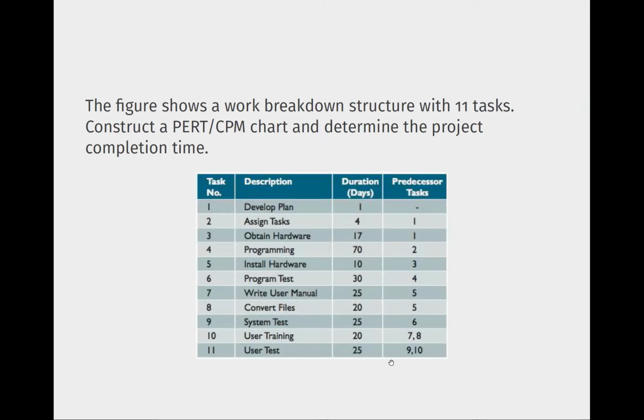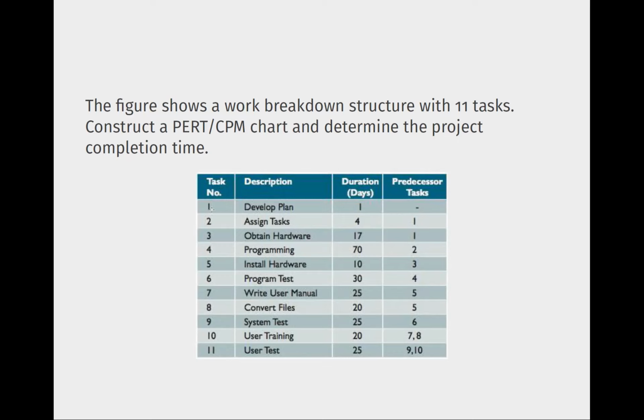Durations are given. Predecessor task means what task needs to be completed to start that particular task. For example, task 1 has no dependency, which means you can start immediately. For tasks 2 and 3, you have to wait until task 1 is finished.